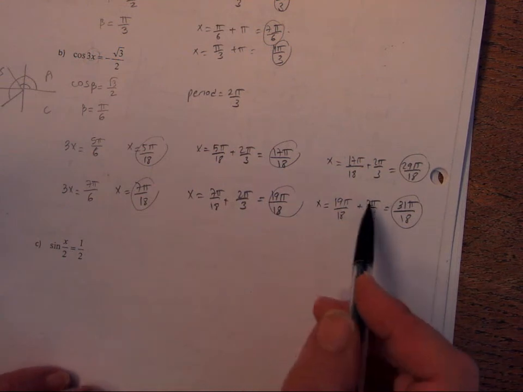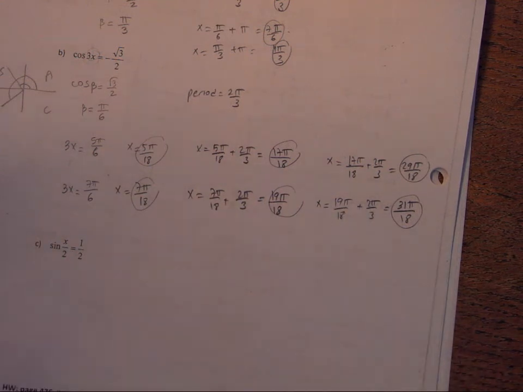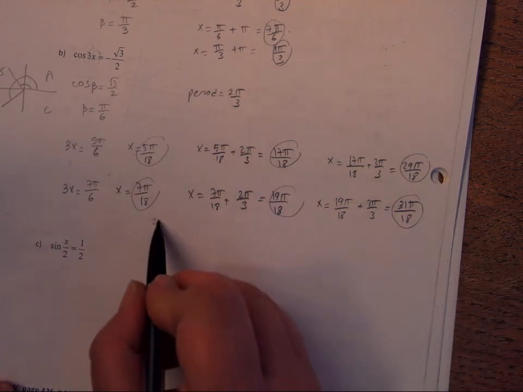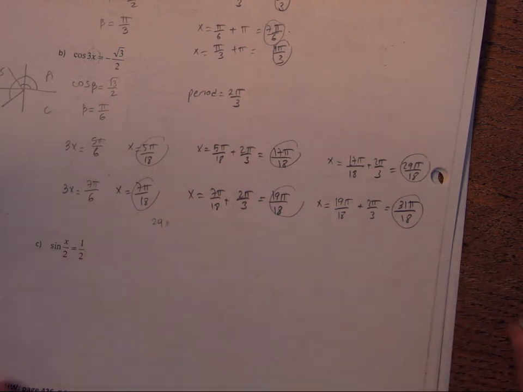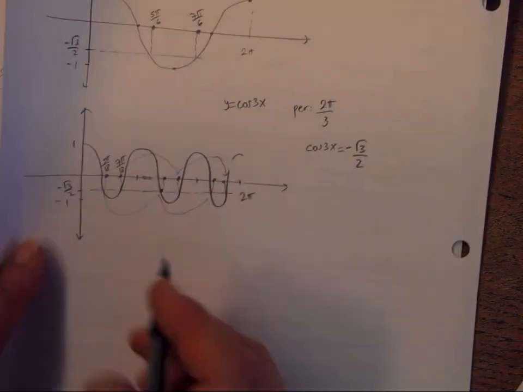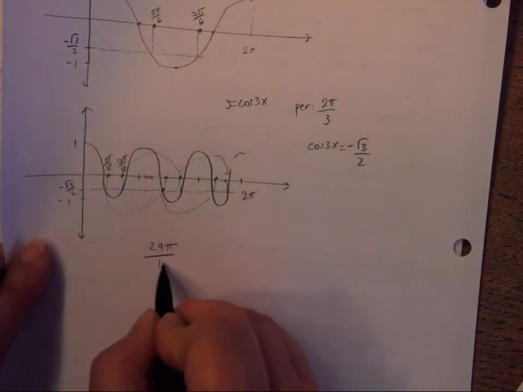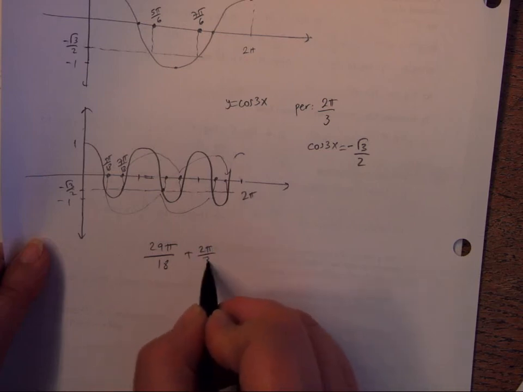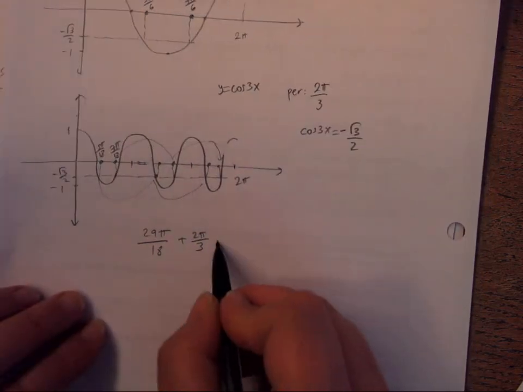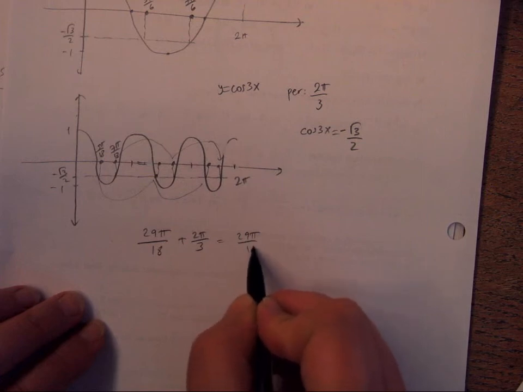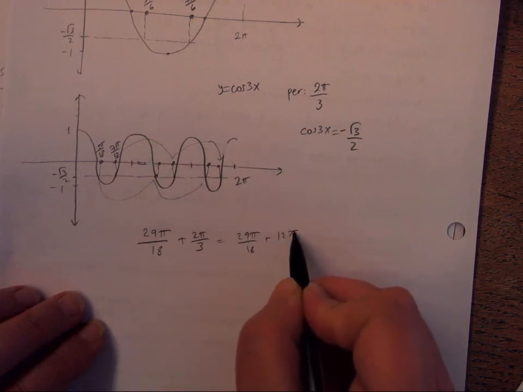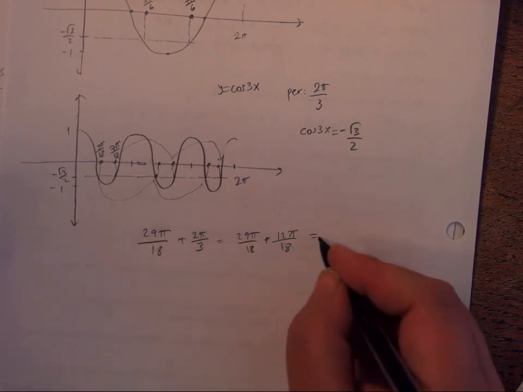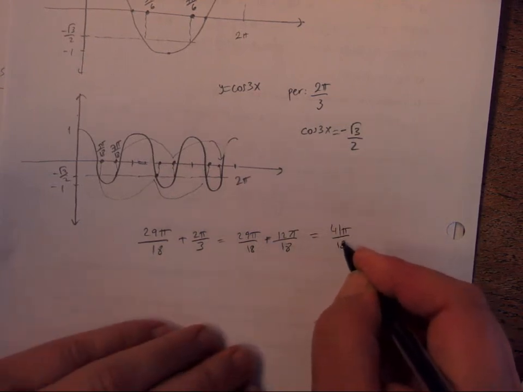Okay, so let's say you didn't know again where to stop, and then you continued. If you add one more period, 2 pi over 3, to 29 pi over 18, you have 29 pi over 18 plus 12 pi over 18, 41 pi over 18.